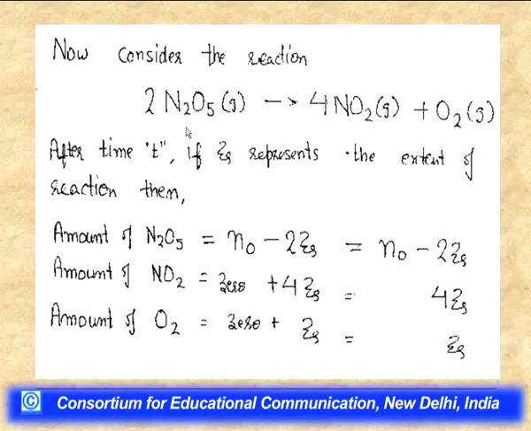So, for every 2 moles of N2O5 consumed or decomposed, 4 moles of nitrogen dioxide are produced, along with 1 mole of oxygen. Suppose that we had started the reaction mixture with n0. This n0 represents the initial number of moles of N2O5, the reactant present initially in the system.